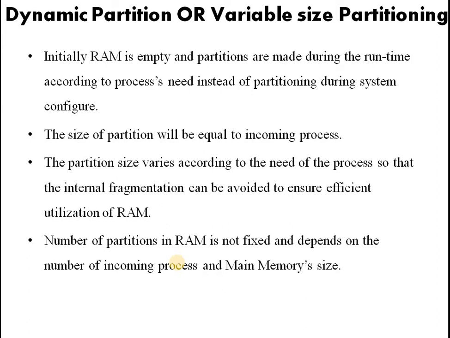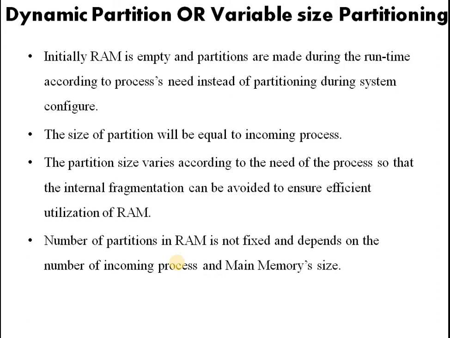The working of variable partitioning memory management or dynamic memory partitioning is explained. The partition size varies according to the need of processes so that internal fragmentation can be avoided to ensure efficient utilization of RAM. The main drawback of static partitioning is internal fragmentation, because if the process is large, the memory is insufficient.